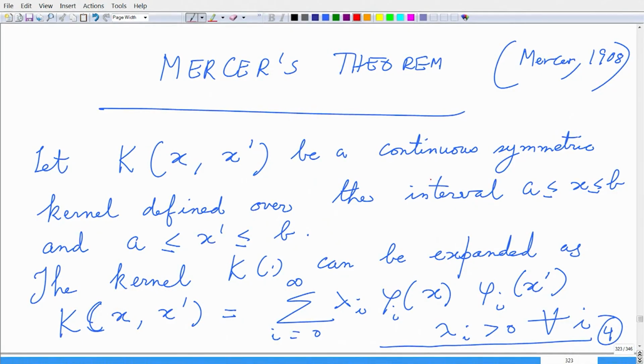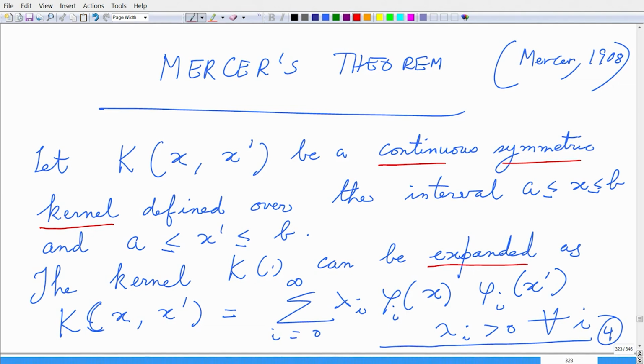Let k of x comma x prime be a continuous symmetric kernel defined over the interval a comma b. It is a closed interval. So, both variables x and x prime are defined over the closed interval a comma b. This kernel k can be expanded as follows.